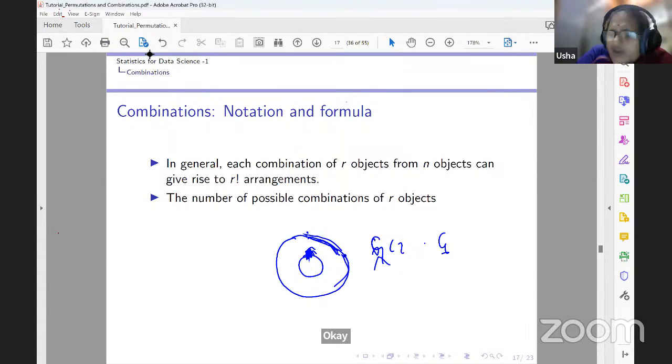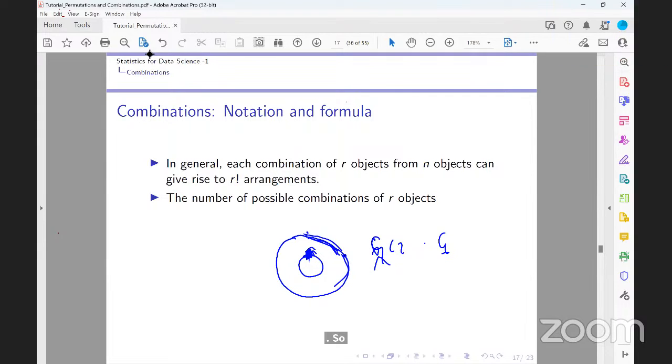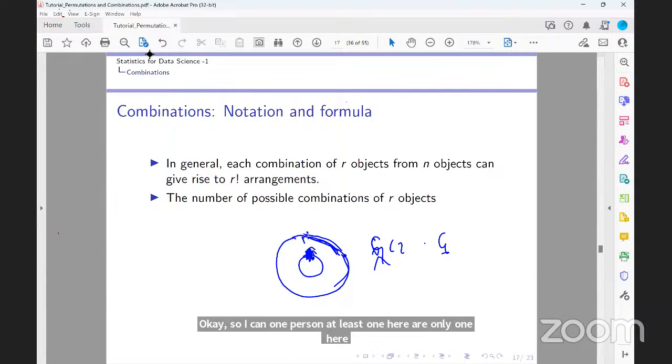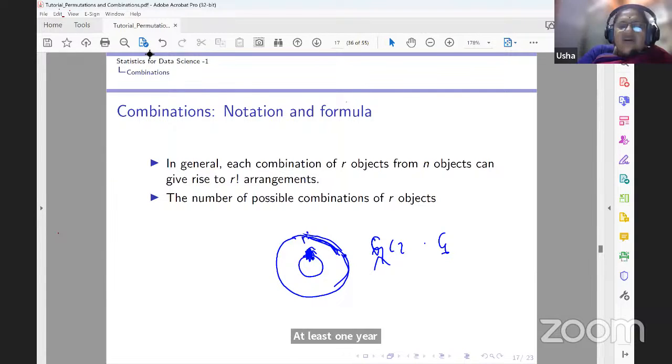So what is the question here? How can we arrange them in 2 concentric circles? At least one here. Then it is again a concept of counting. If there is only one here, I'll have 5 people in the outer circle.